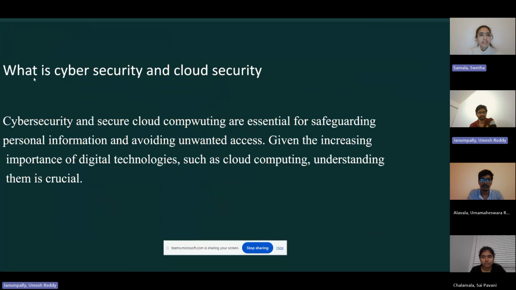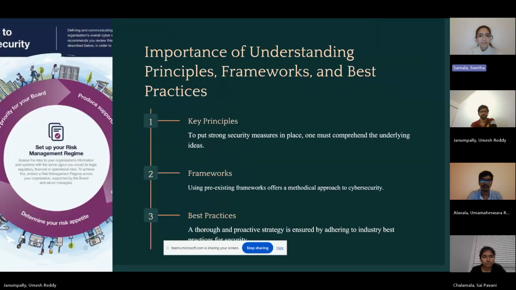The next slide is about the importance of understanding principles, frameworks, and best practices. The key principles can be used to put strong security measures in place, and one must comprehend the underlying ideas.